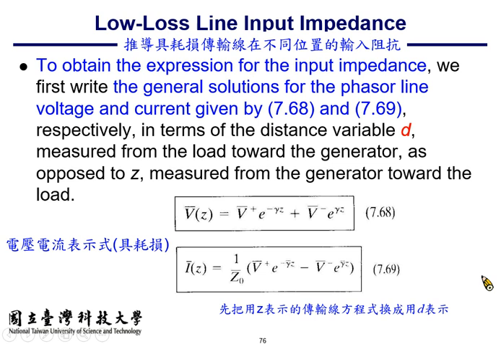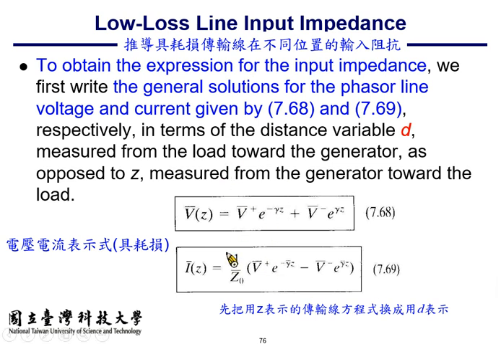So in this page, you see the voltage and currents are written as functions of z, which is the distance counting from the left-hand side, counting from the generator side. And z can be a large number on the right.